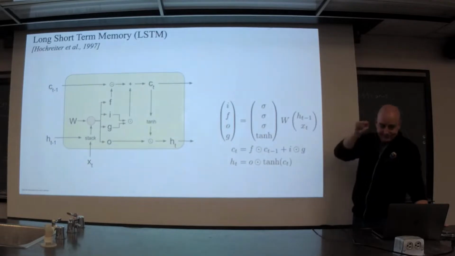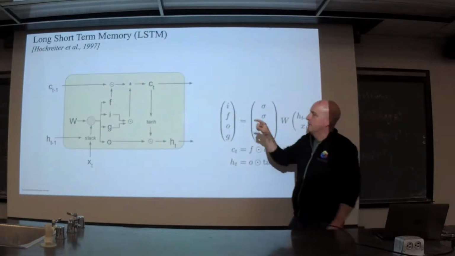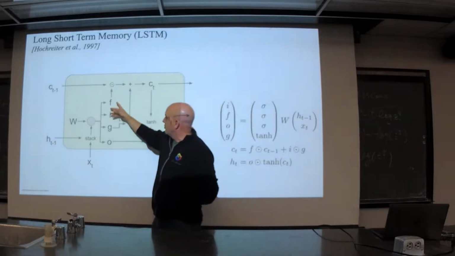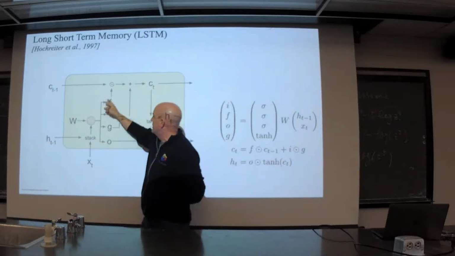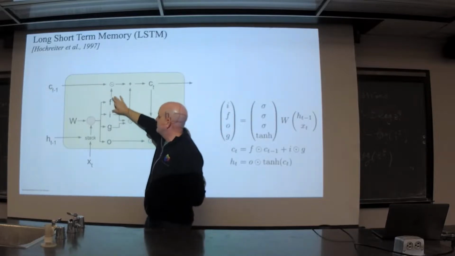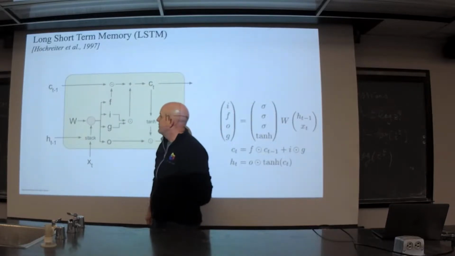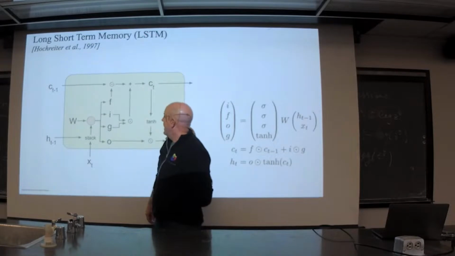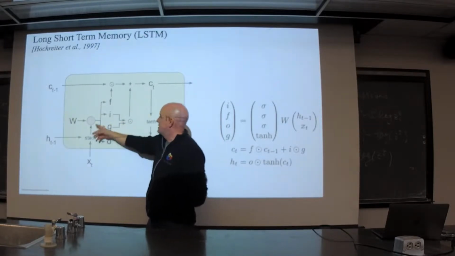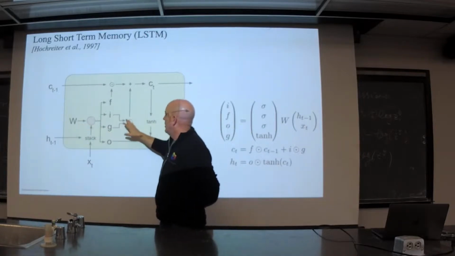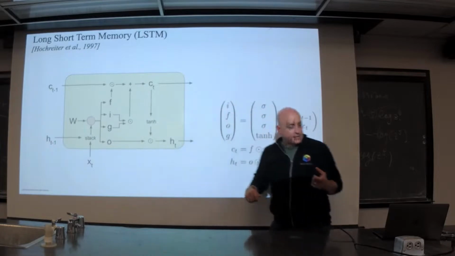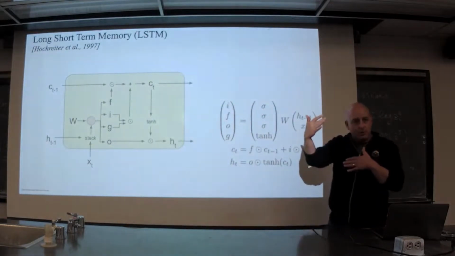The flow of that information from CT minus 1 to CT. So there is a chance to gate it, meaning multiplying the entries by values between 0 and 1, and there's a chance to update it, and all these gates depend on W. But notice that the effect of that W is squashed to values between 0 and 1, right?